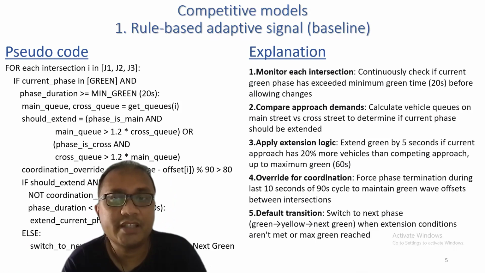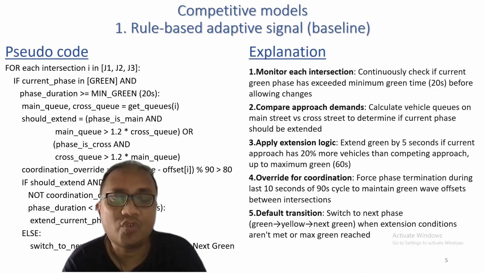We calculate the vehicle queues for the main street and cross street to determine whether the current phase should extend or not, and extend green time 5 seconds if the current approach has 20% more vehicles compared to other approaches, and it can extend to a maximum green of up to 60 seconds.